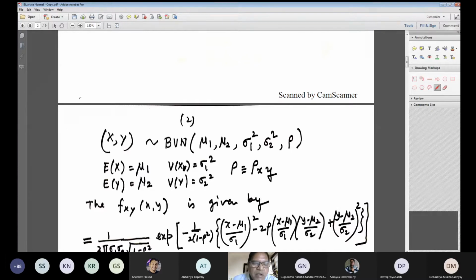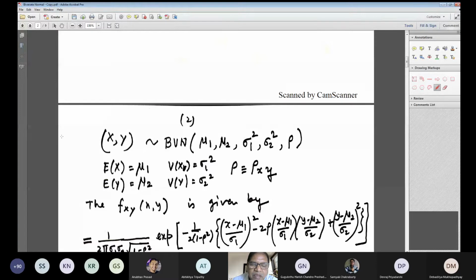So here the variables under consideration are x and y. These are the random variables we put in the bracket, and then this is the notation for follows, that x and y follow, and BVN indicates the bivariate normal, and there are 5 parameters: mu1, mu2.